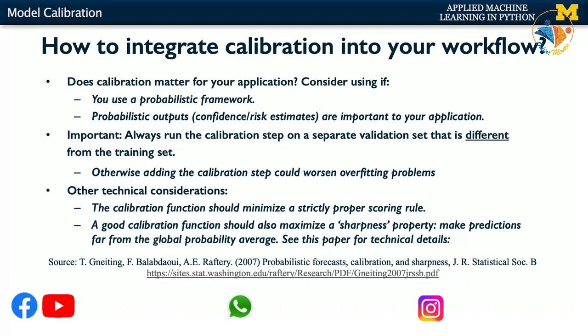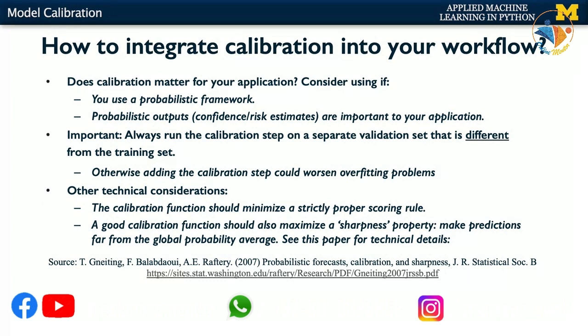But to make sure that you use calibration correctly in your workflow, it's not as important to follow these last technical considerations. The most important things to remember are to always run the calibration step on data that's different from the training data, and to make sure that calibration is something that's appropriate for your machine learning scenario in the first place.